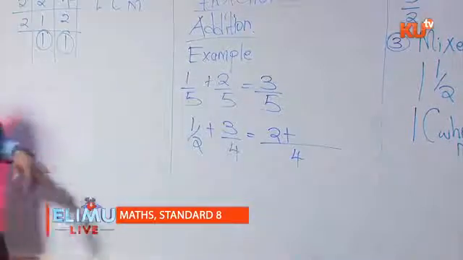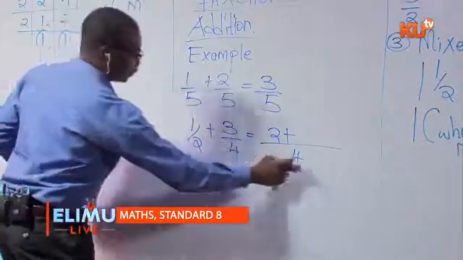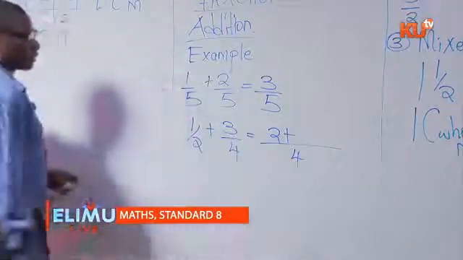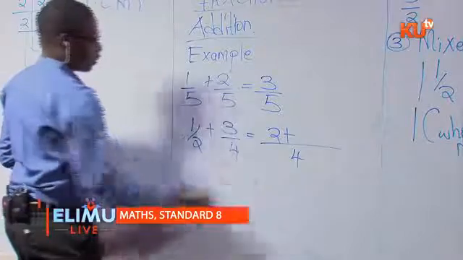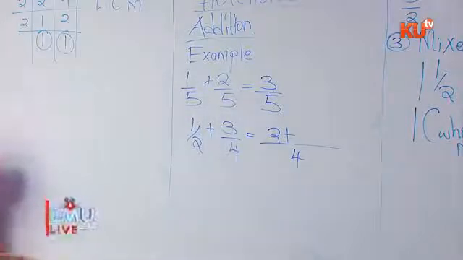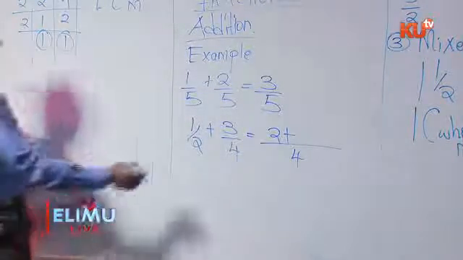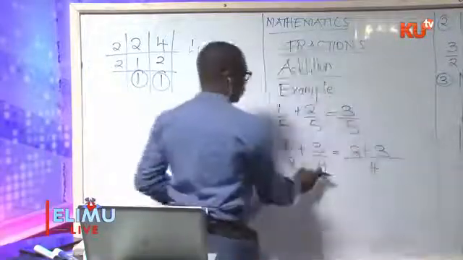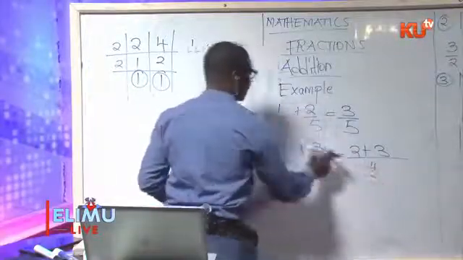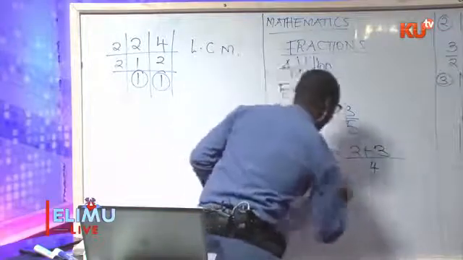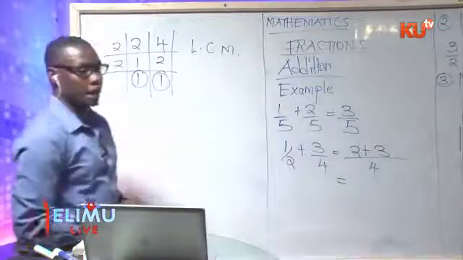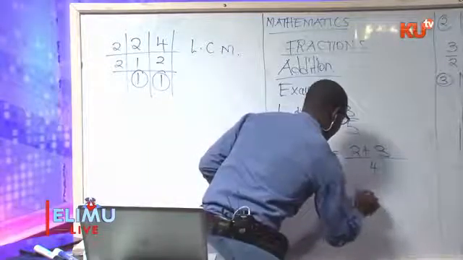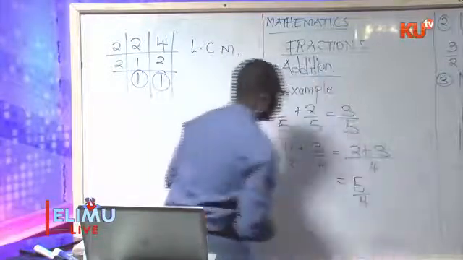Then 4 goes into 4, how many times? 1 time. So 1 times 3, that is 3. Then we add 2 and 3. 2 plus 3 is 5. So your answer is 5 over 4.